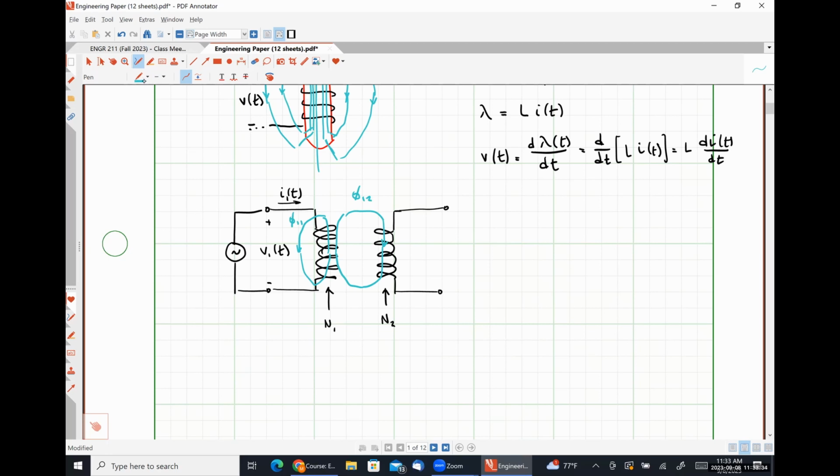Let me write those flux definitions down there really quickly. So phi 11 is the flux produced by coil number 1.